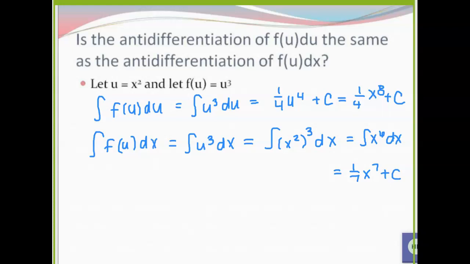Does the integral of f of u du match the integral of f of u dx? No, even with substitutions and alterations, these two boxes don't match.